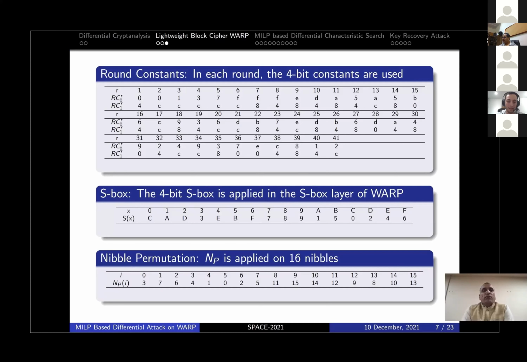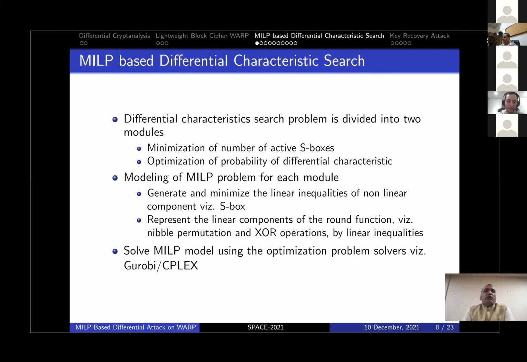The differential characteristic search problem can be divided into two modules. In the first module, we minimize the number of active S-boxes in a differential characteristic. Then using this, we optimize the probability of the differential characteristic in the second module. We model the MILP problem for each module.